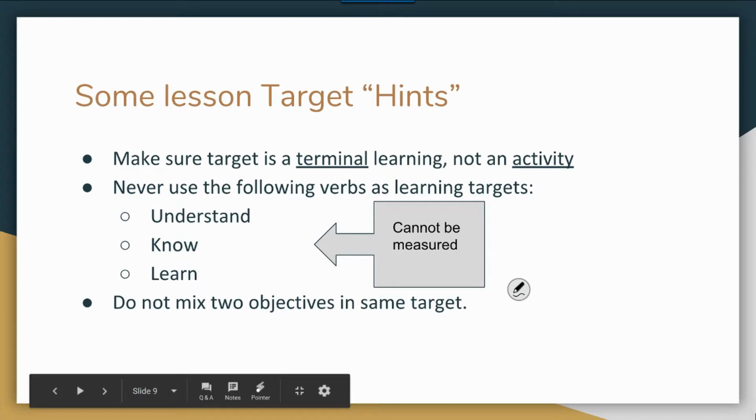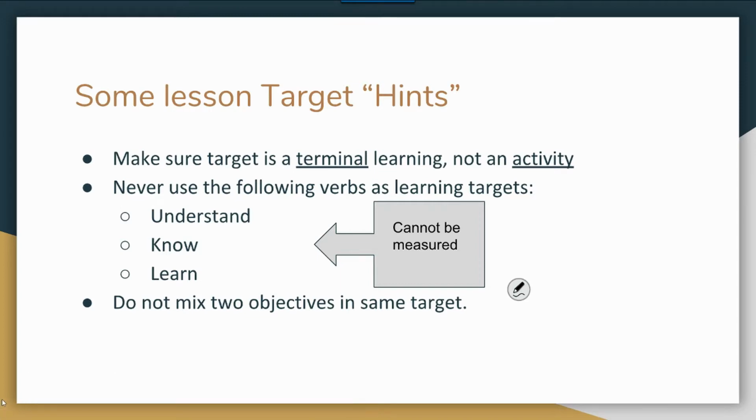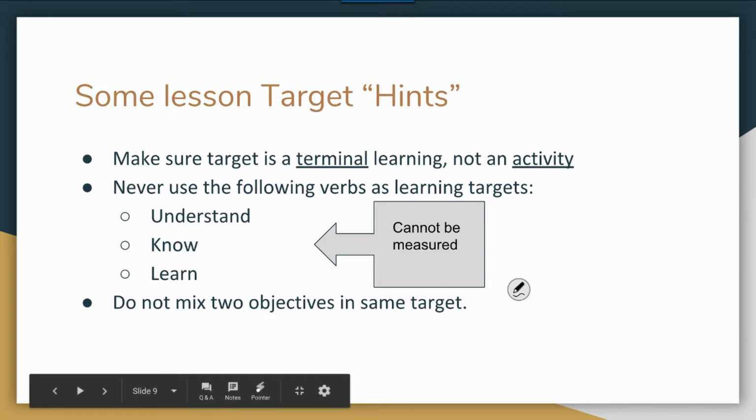Bloom's taxonomy has five hierarchical levels of learning, from knowledge down low to creating up high. You can tailor the learning target verbs to your Bloom's level. But those verbs also work for activities.